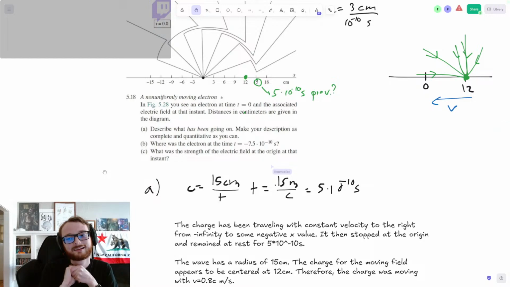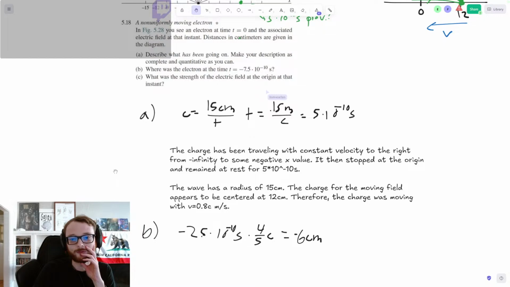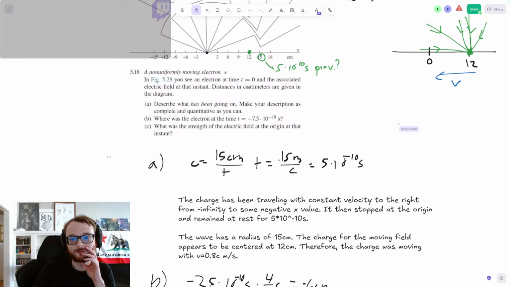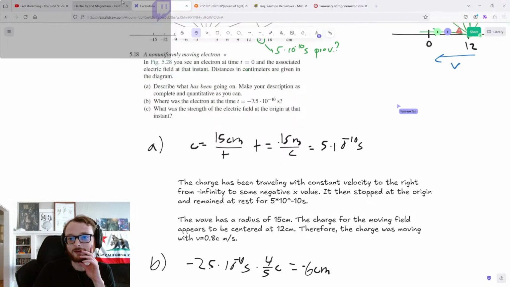Well, did it suddenly lose all its velocity once it got to the origin? I wonder if this is inside the shell or outside the shell. Either way, we know it was moving. I guess we don't have a way of knowing what the acceleration was, so I think we have to assume it's 4/5 the speed of light for the velocity, because there are many different ways it could have decelerated.